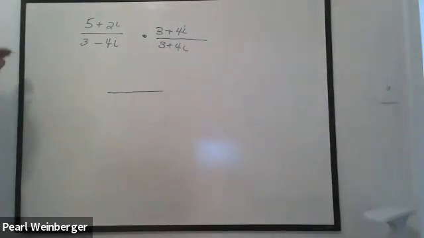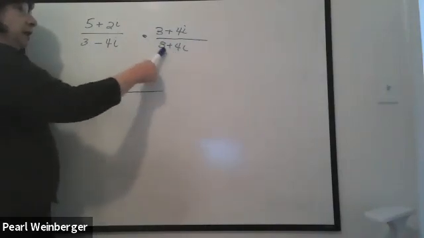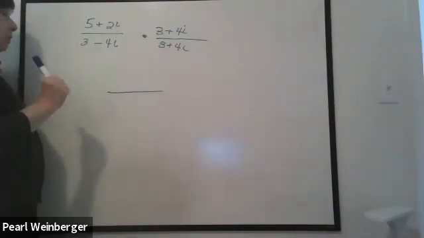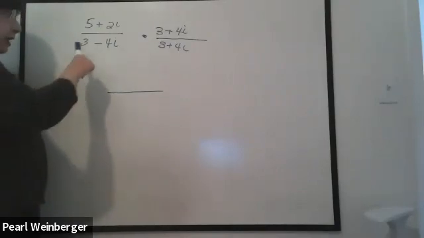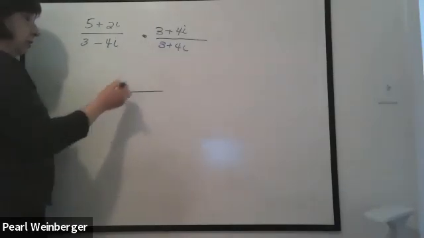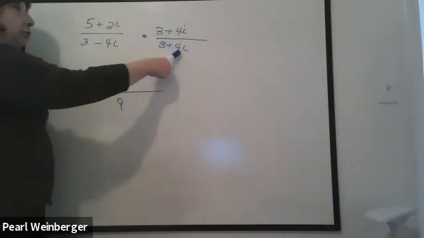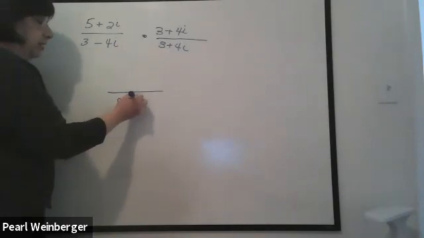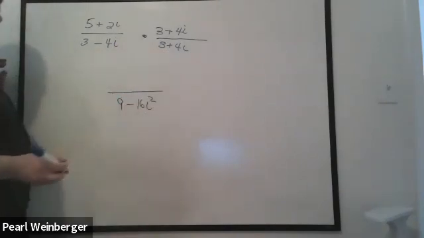Now, let's think about this. Doing the denominator first, I'm multiplying conjugates. And when I multiply conjugates, I don't have to do the whole FOIL. I just do first and last. So I'll do 3 times 3, which is 9. And negative 4i times positive 4i, which is negative 16i squared.